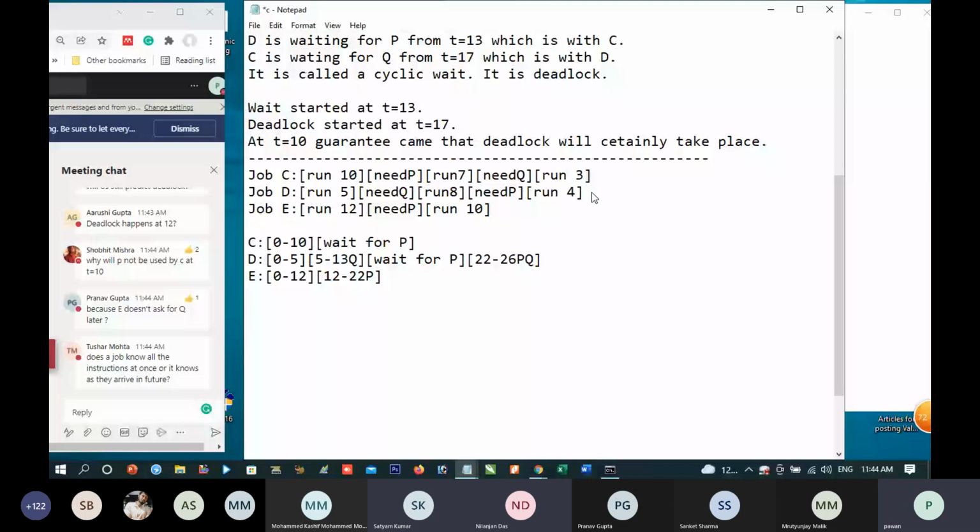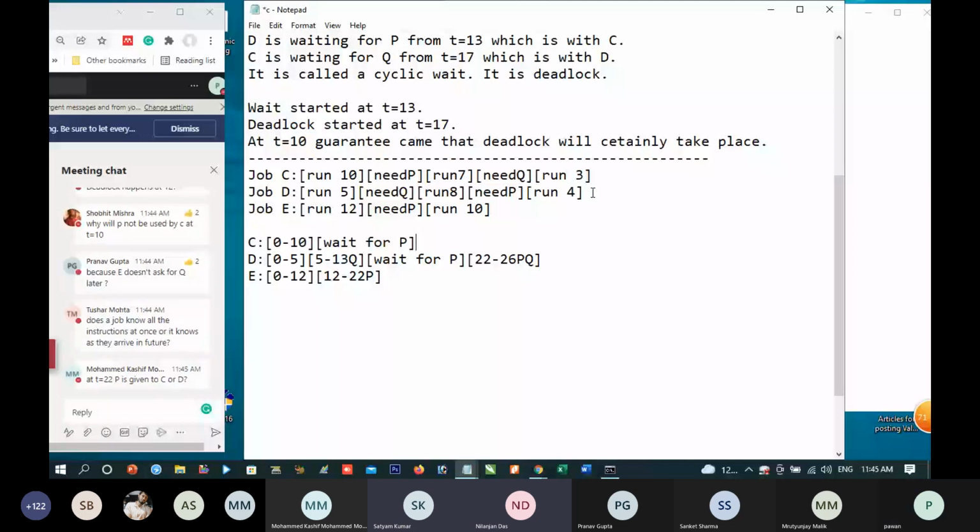Now, at time t equal to 26, both P and Q will be free. Do you understand? That is correct. No, at time t equal to 22, P will be given to D, not to C. Rather, P was not given to C at time t equal to 10 itself by the method of deadlock avoidance using Banker's algorithm.